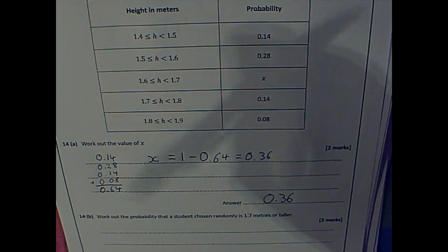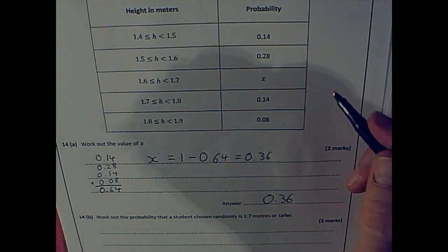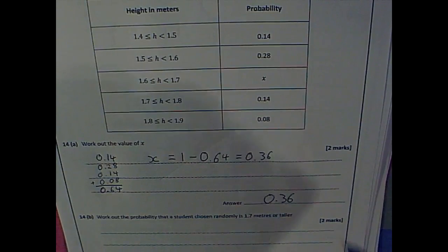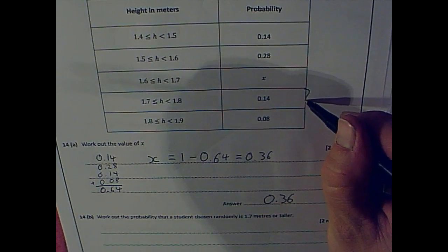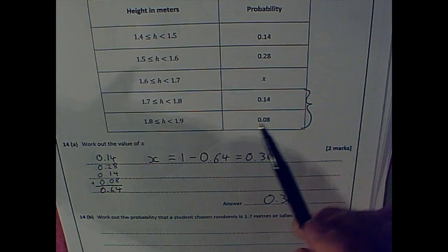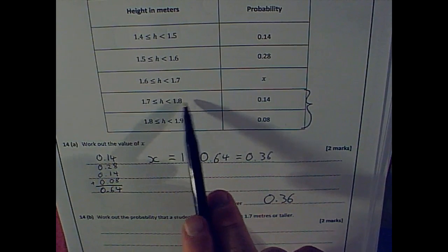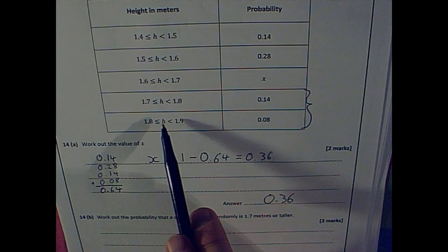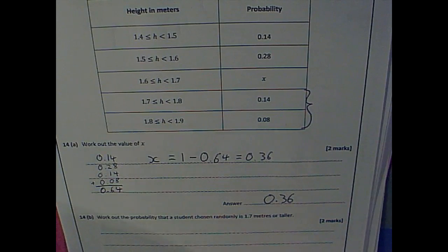Work out the probability, the 14 part B, work out the probability that a student chosen randomly is 1.7 meters or taller. Well, my probability of 1.7 meters or taller are these two probabilities, aren't they? It's the chance that they're between 1.7 and 1.8, or between 1.8 and 1.9.